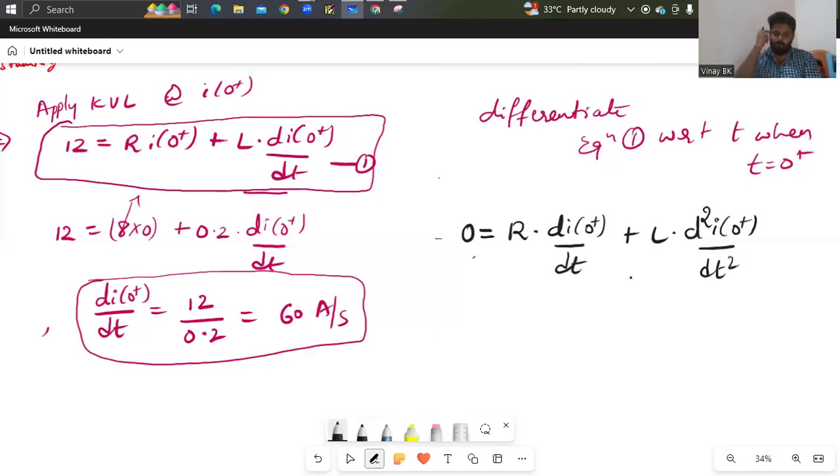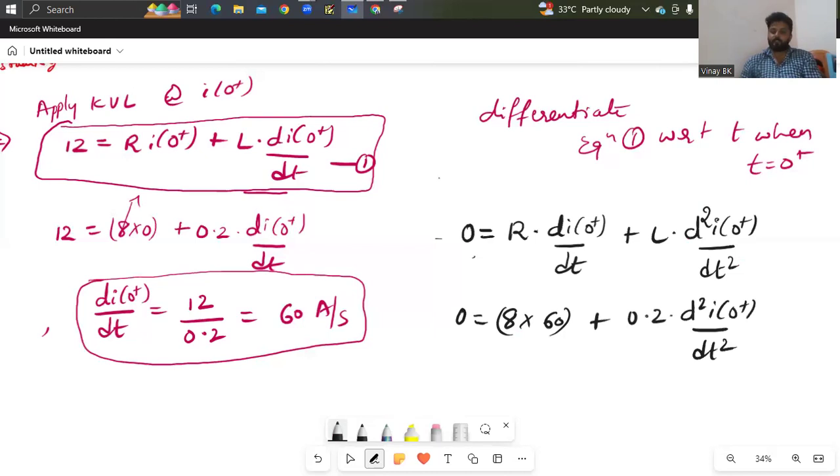Here you know the value of R and dI of 0 plus by dt, that is 60 amperes per second. So you can get 0 equals R, which is 8, into 60, plus L, which is 0.2, into d square I of 0 plus divided by dt square.